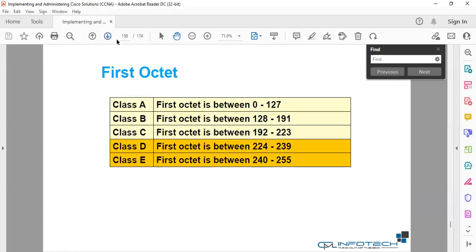Now, hope you understand these two areas. We just explained class A and B. So you need to understand class A is 1 to 126, and class B is 128 to 191.